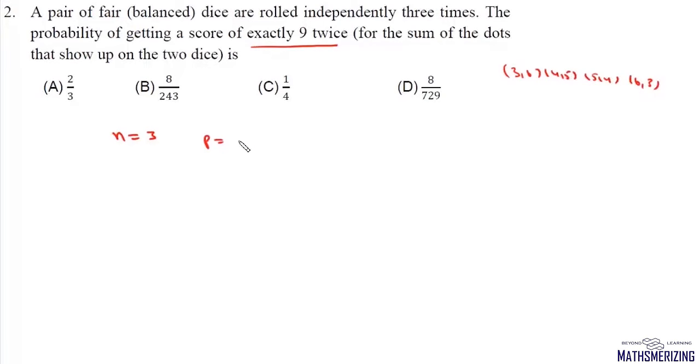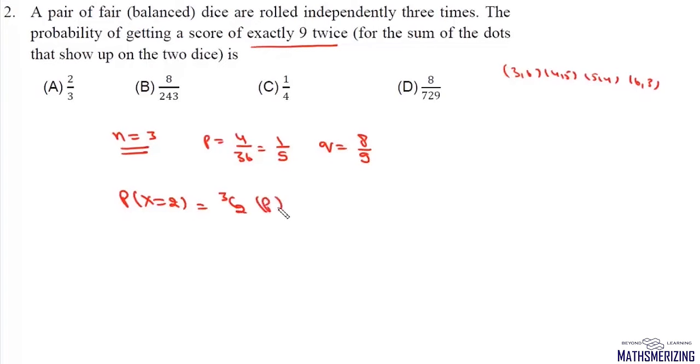So this probability will be 4 by 36 or 1 by 9, and probability of failure will be 8 by 9. Now it says out of these 3 throws, we should get exactly 9 twice. So we need to find the probability when the value of x is 2.